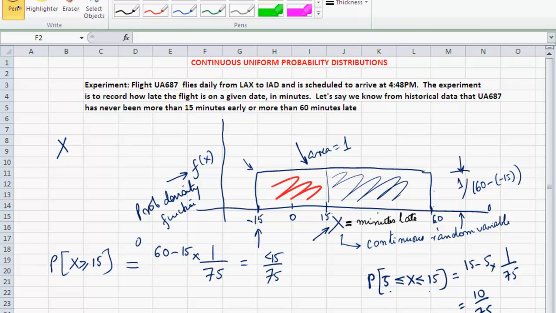Once you've done that, the rest of the calculation can be done through Excel or through simple geometry. But the more difficult conceptual part is figuring out which portion of the distribution function you're trying to identify to compute the area. So this is the uniform continuous probability distribution.